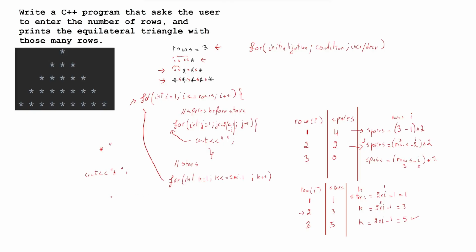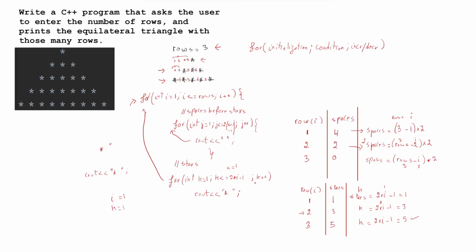In the first run, when I equal 1, we're going to initialize k equal 1. Is 1 less than 2I minus 1, which for the first run, I is 1? Is it less than or equal to 1? True. Then we're going to cout a star followed by space, because we have space after each star.